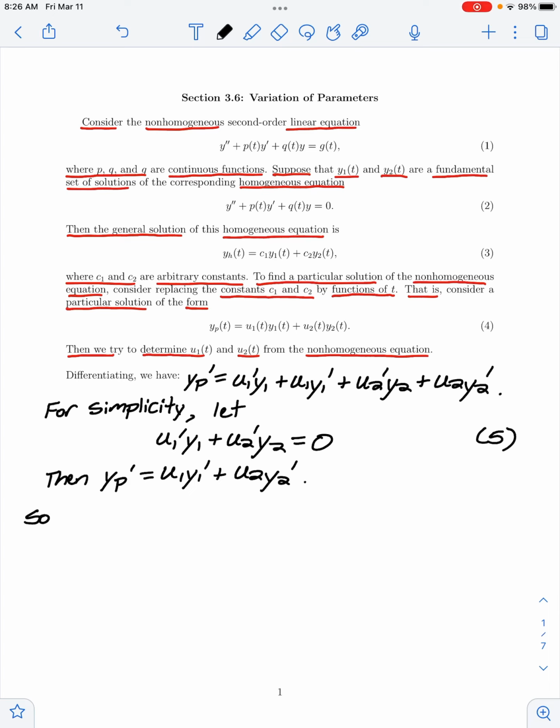So looking at our second derivative, yp double prime, we would have, by the product rule, u1 prime y1 prime plus u1 y1 double prime plus u2 prime y2 prime plus u2 y2 double prime.